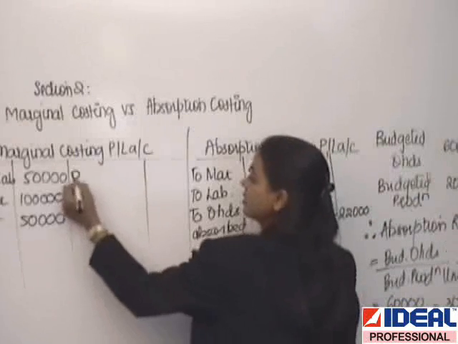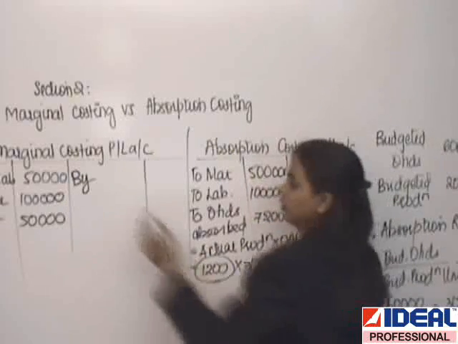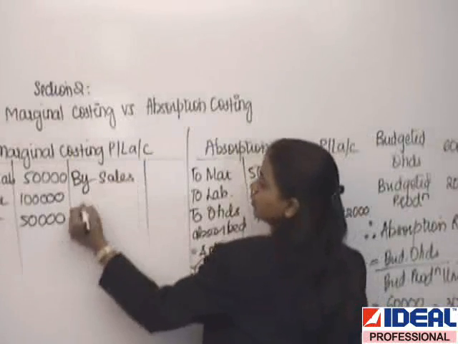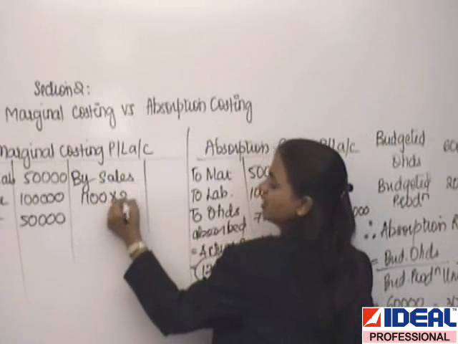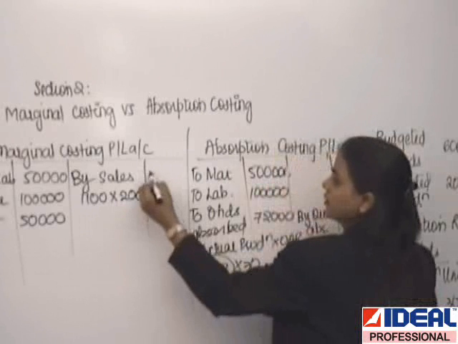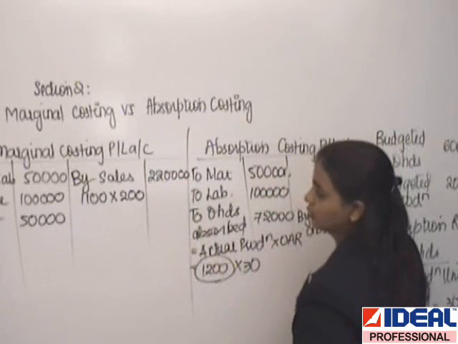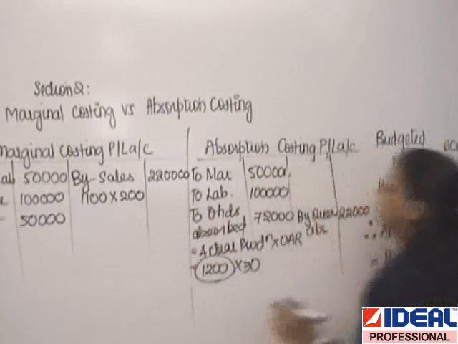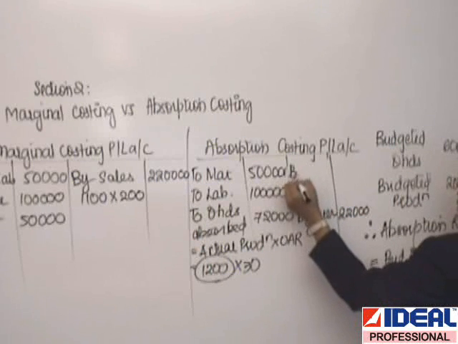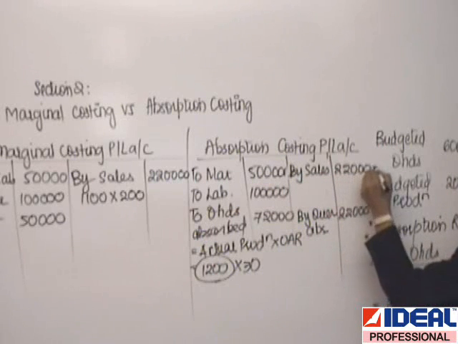Let's record sales. Out of 1200 units that you have produced, we have sold only 1100 units at the rate of 2,20,000. यहाँ पर भी सेल्स तो सेम ही आएगा, by sales 2,20,000.